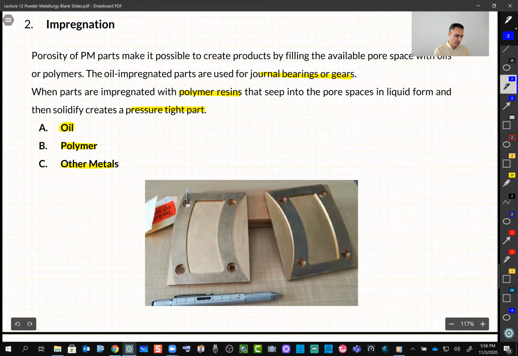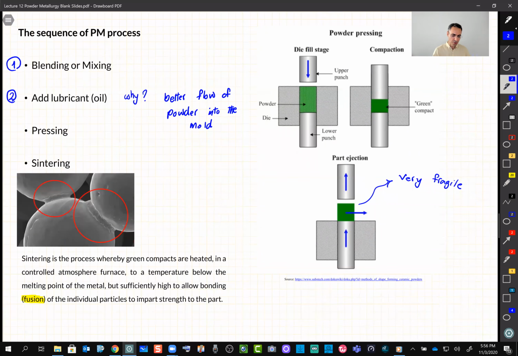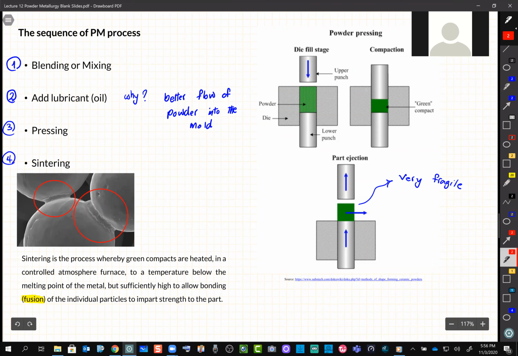Where it was here, right? Step number 2. What will happen to that oil? Yeah, evaporates. Exactly, the oil evaporates, and that's why all the furnaces have to have a good exhaustion system.